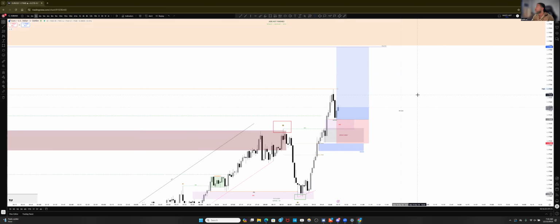This could allow us to take the trade with the imbalance, knowing that price can react from any of these zones. But yeah, so if price leaves from here, where it didn't take us for the trade.